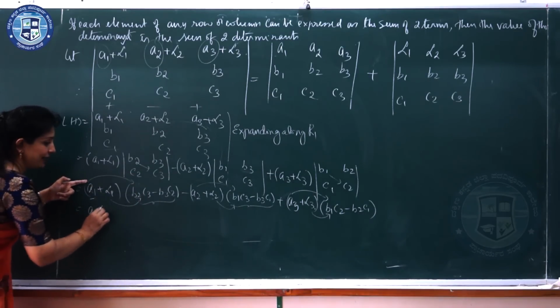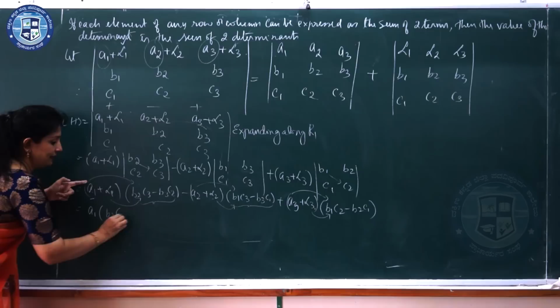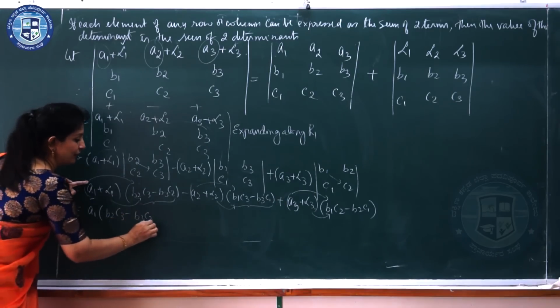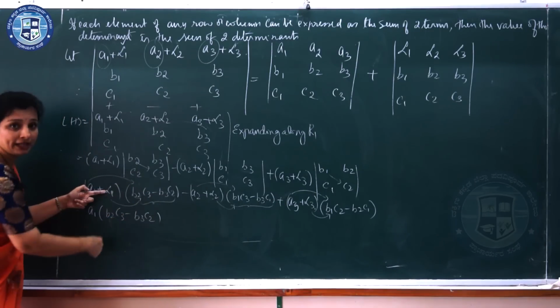So it is A1 into B2 C3 minus B3 C2. We will write alpha 1 into this term later.